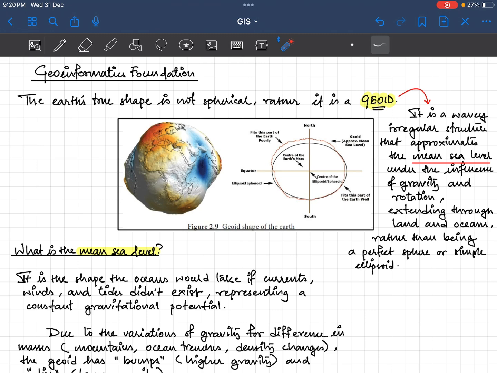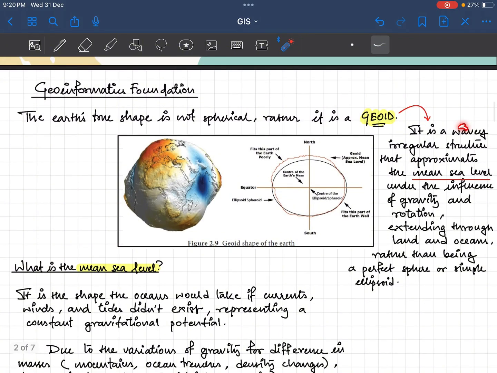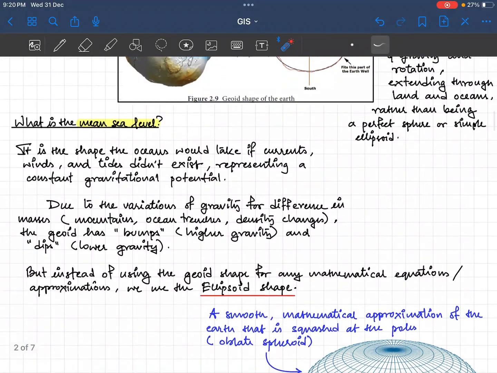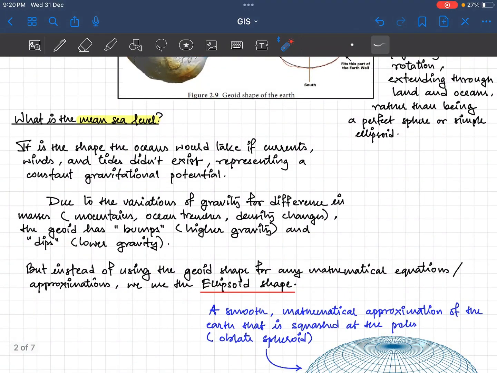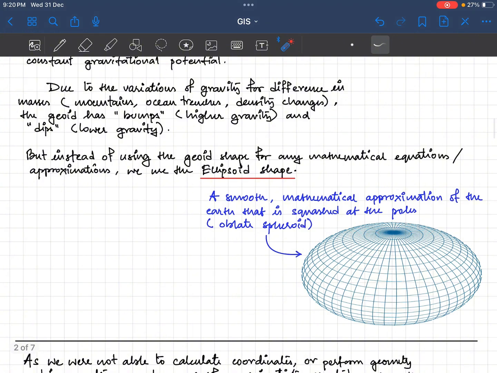Now, as you can see, I've already written a few things about it. It says it is the wavy, irregular structure that approximates the mean sea level under the influence of gravity and rotation, extending through land and ocean rather than being a perfect sphere or simple ellipsoid. That's okay. But then you can read about this.